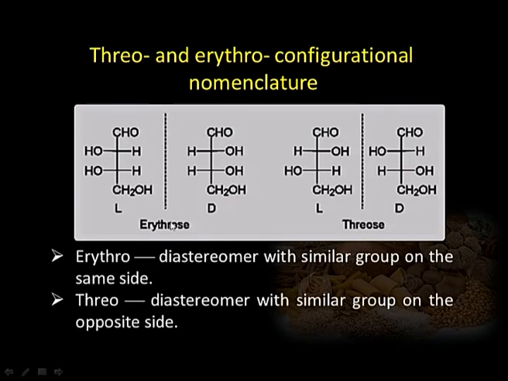This is erythrose, which has both the hydroxyl groups on the 2 asymmetric carbon atoms on the same side. D erythrose has both the hydroxyls on the right side, whereas L erythrose has both the hydroxyl groups on the left side.